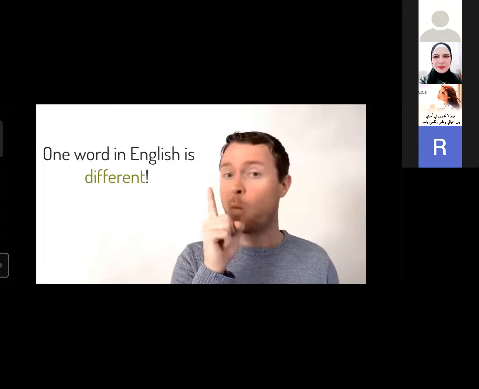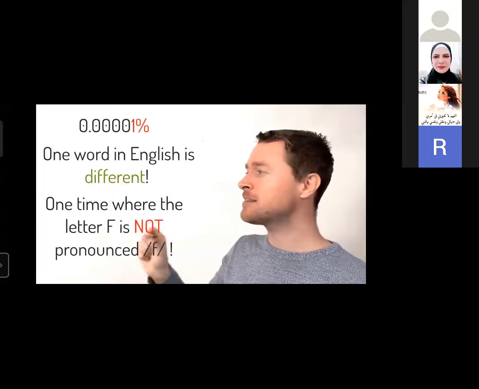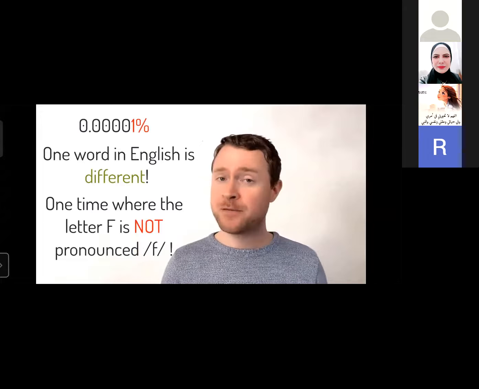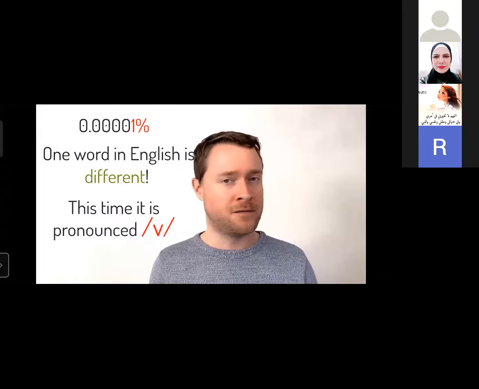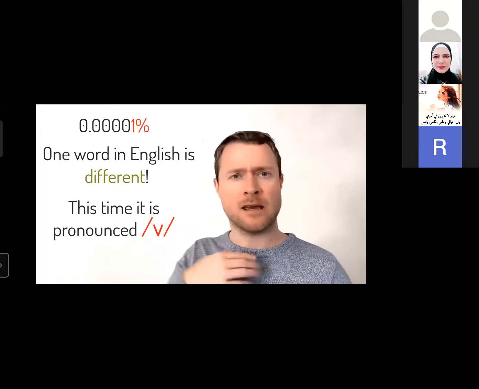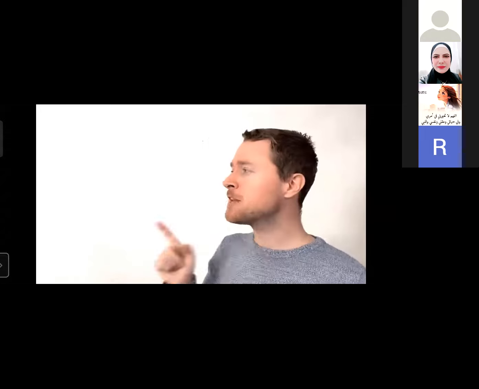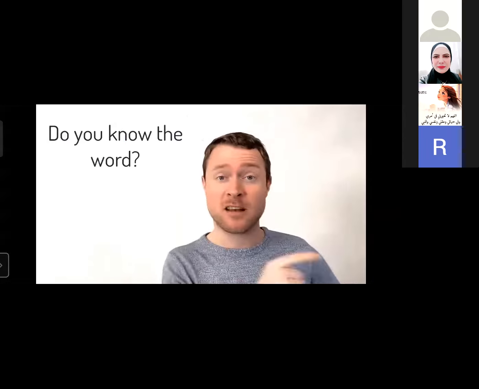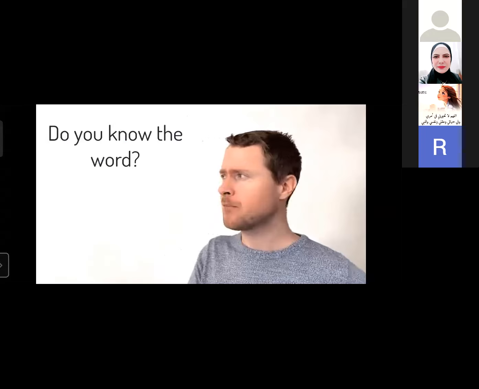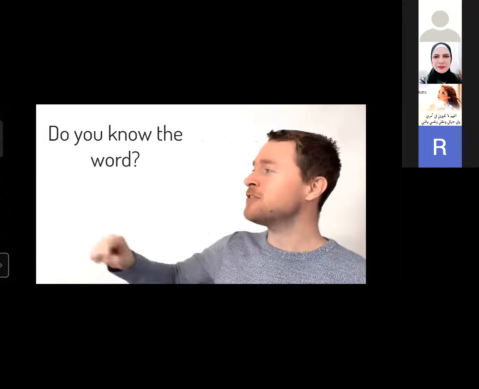Okay, but there is one word, one time where the letter F is not pronounced F. It is actually pronounced v, which is that V sound. Does anybody know the word? Does anybody know the word where the letter F is pronounced like a letter V? Really common word.